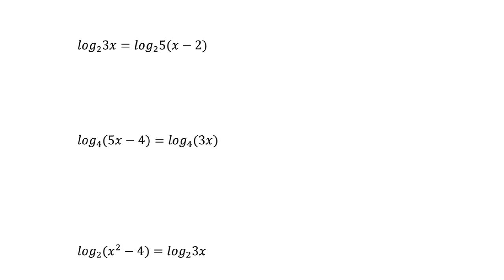Down here, the base 4s: 5x minus 4 equals 3x. I'm going to subtract it this way. Negative 4 equals negative 2x, divided by negative 2, and I get 2 equals x.